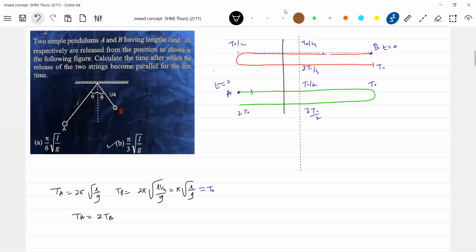You can use any other method. I'm just showing this is one option. It's possible, no? Okay, so this will be at T naught by 4. It will be here. At some time T, A will be here and B will be here.